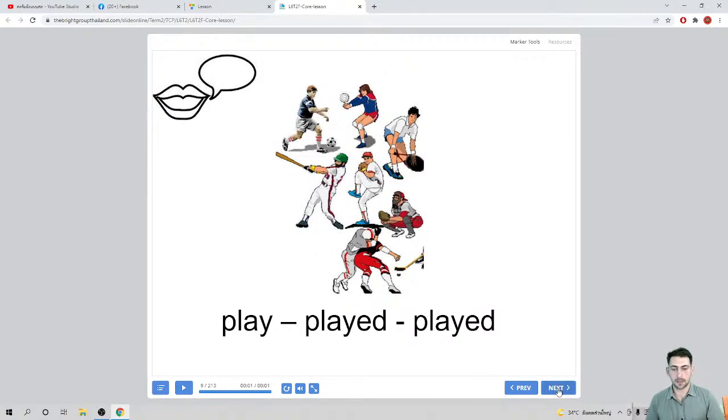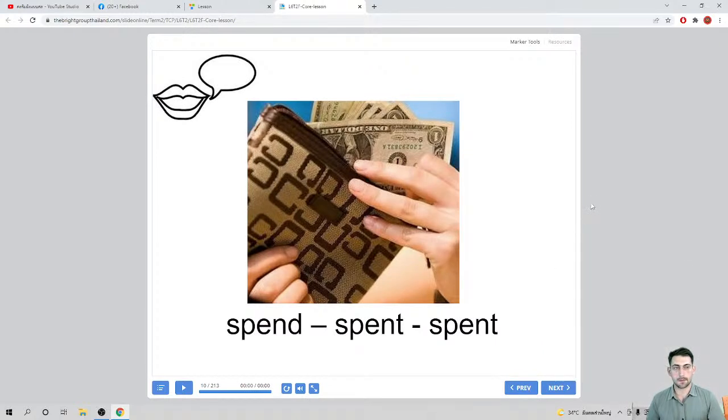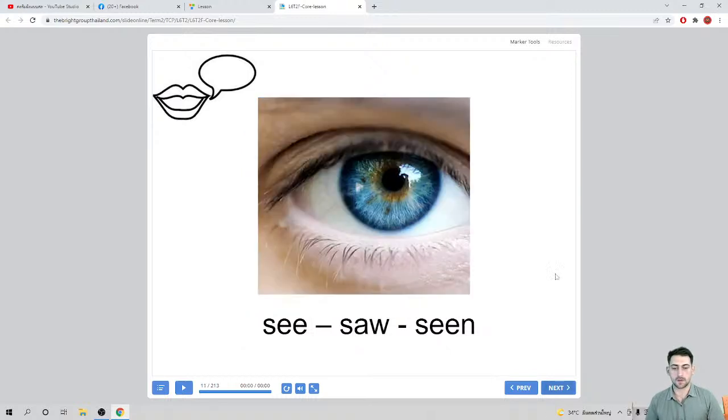Good job. Let's remember vocabulary word number 1. Spend with D. Spend, spent, spent. Good job. Vocabulary word number 2. See, saw, seen. All right.